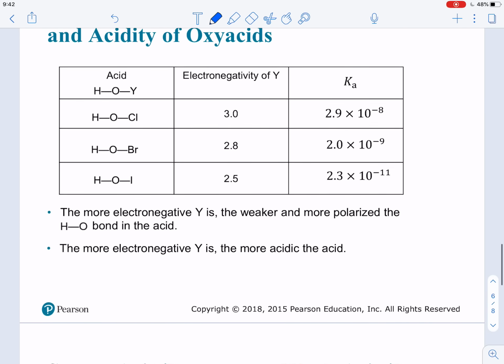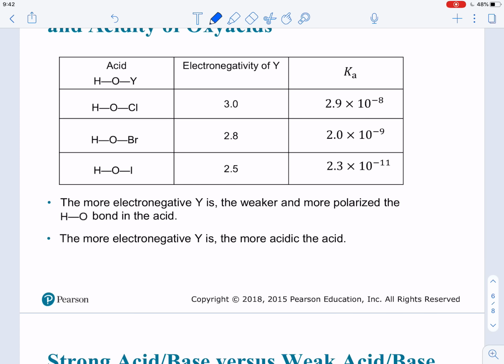If we want to give numbers to this, and remember this is Ka, the acidity constant, it's going to be a measure of how strong the acid is. What we are looking at here is, for example, HOY plus H2O.